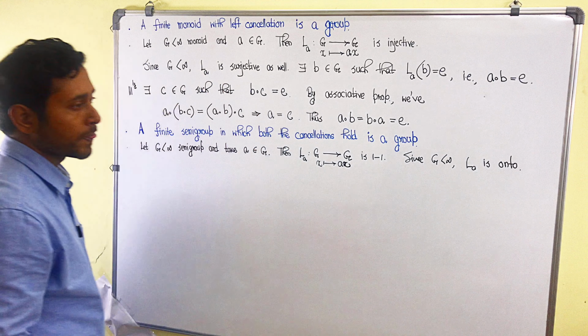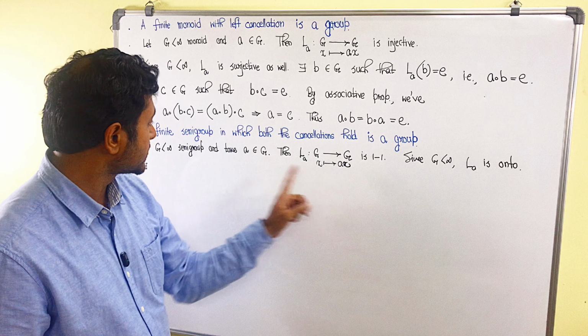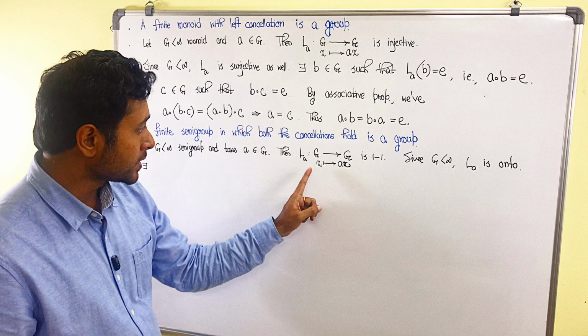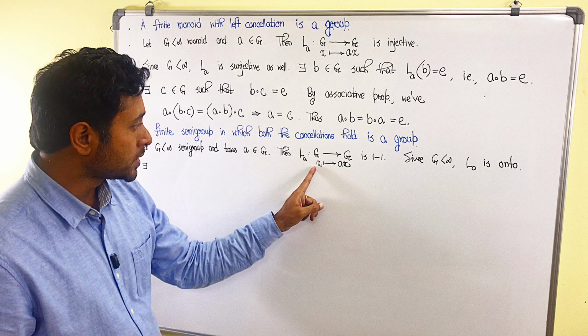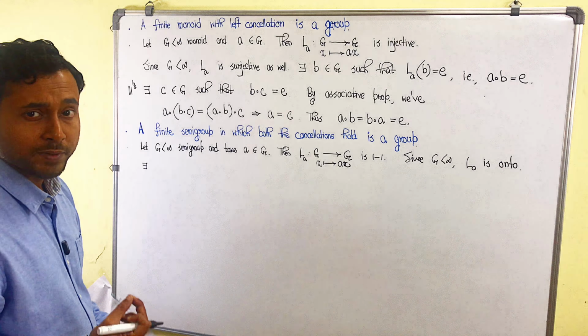Therefore there exists an element which is a pre-image of the element a, because a is itself an element of G. So there is something in G that maps to a, and that element is a candidate for the identity element. Let us denote it by e.